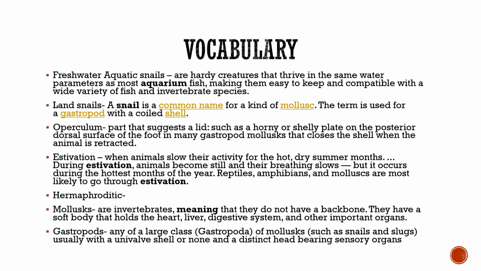They have a soft body that holds the heart, liver, digestive system, and other important organs. And gastropods, those are any of the large class of gastropoda or mollusks such as a snail and slug, usually with a univalve shell or none, and a distinct head bearing sensory organs.